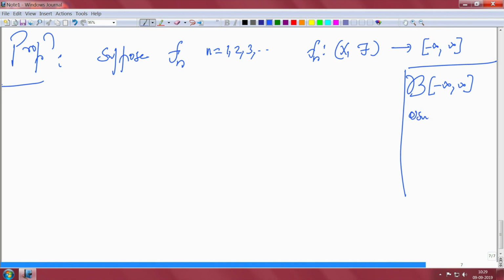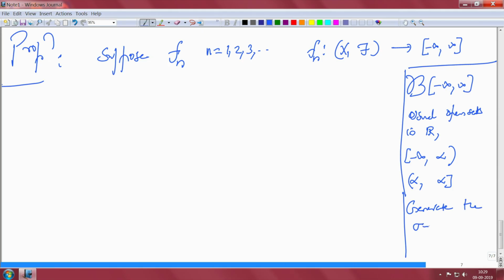We take the usual open sets in the real line along with sets of the form minus infinity to alpha open, and alpha to infinity closed. So these are the new open sets. You generate the sigma algebra using these sets.